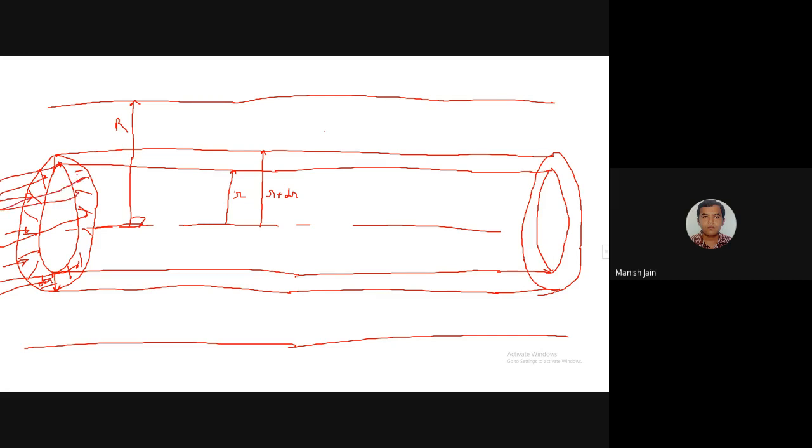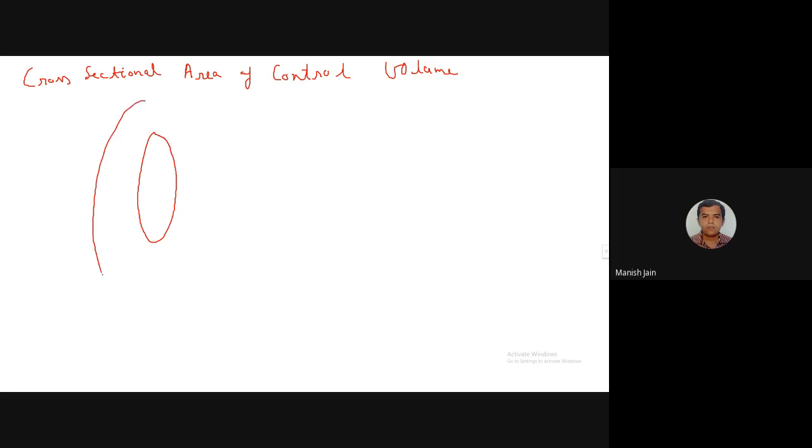So what is the surface area of this space? The internal radius is r, outer radius is r plus dr. So you can calculate. I am calculating here the cross sectional area of the control volume. That is this minus this.